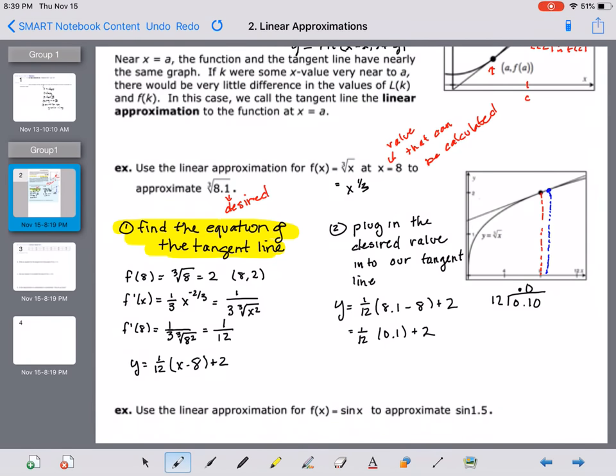Now, 12 still doesn't go into 10, so again, I'm going to add another 0, top and bottom, and then 12 does go into 100 8 times. So that gives us 96, which gives us a remainder of 4.